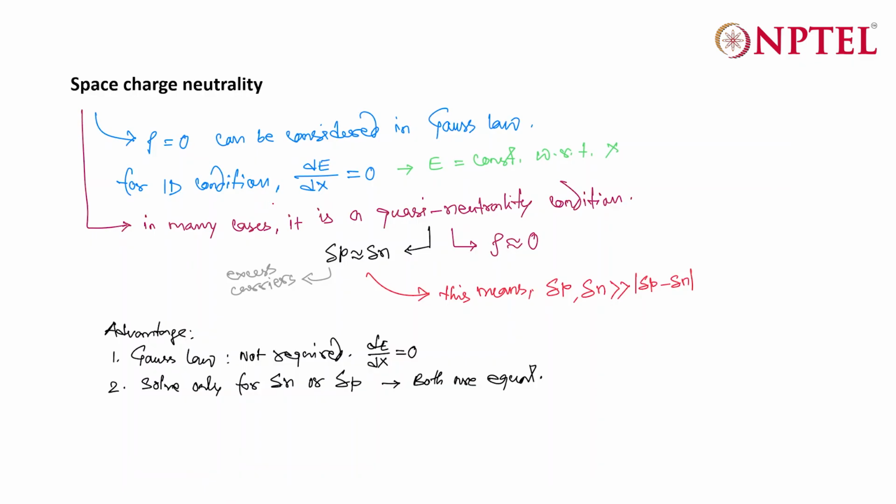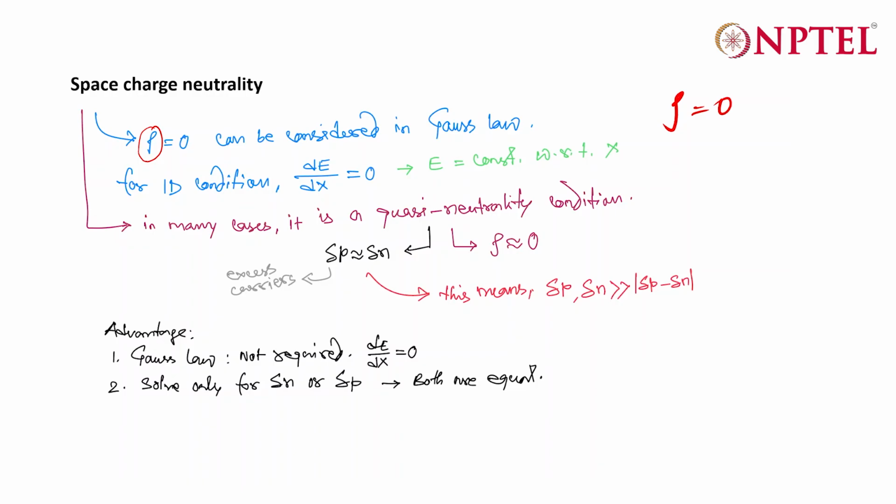So the first approximation, which is related to space charge, is known as space charge neutrality, wherein we consider rho is equal to 0. That means the space charge concentration is equal to 0.